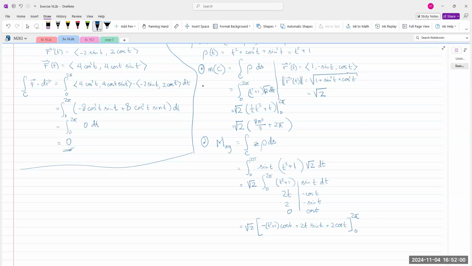And then when I plug that in at 2 pi, that will be negative 4 pi squared plus 1, and then plus 0 plus 2, that's for the first part, minus, when it is 0, that will be negative 1, 0, plus 2.